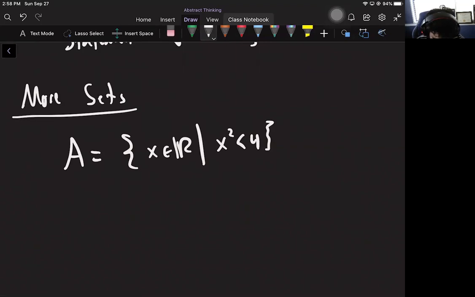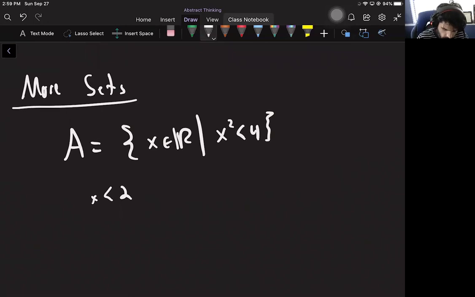So if you're saying that X squared is less than 4, what you're really saying is that, sorry, not the square root of X, but if I take the square root of both sides, I'm really saying this, but I'm forgetting about the negatives. So I'm really saying this.